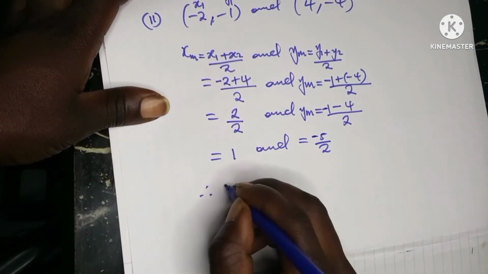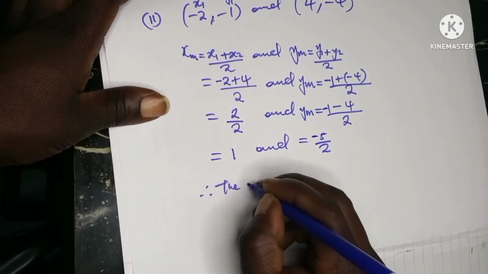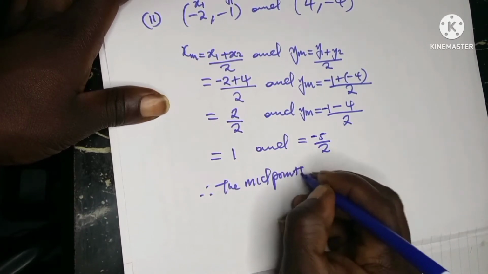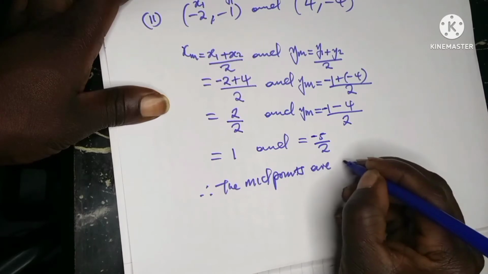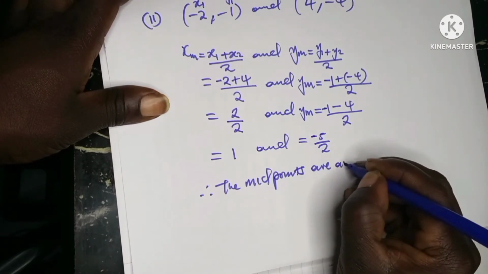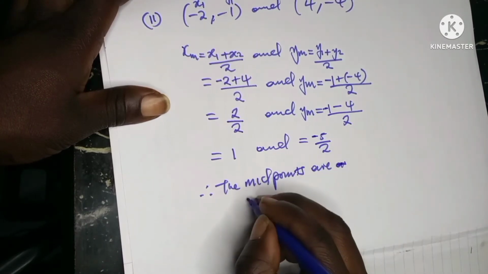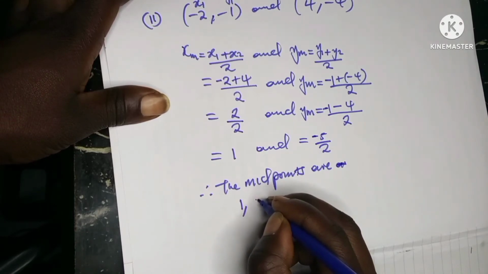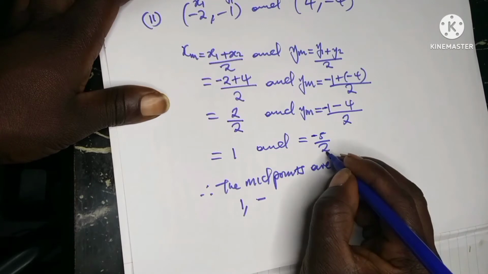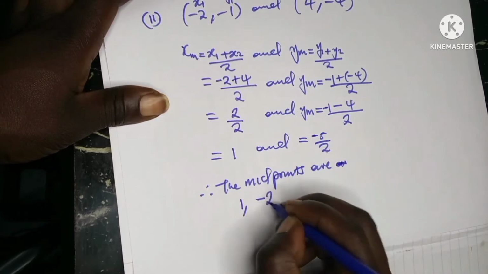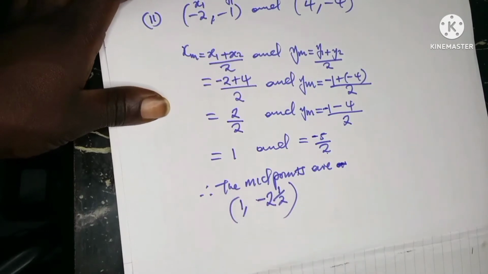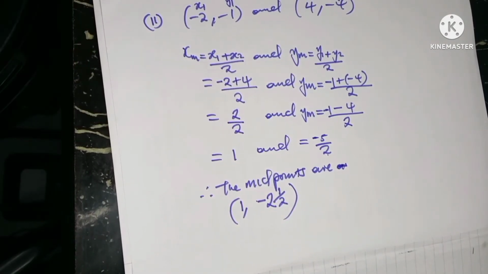So therefore the midpoint is 1, and -5 over 2, which is -2 and 1 over 2. This is the midpoint for that particular question.